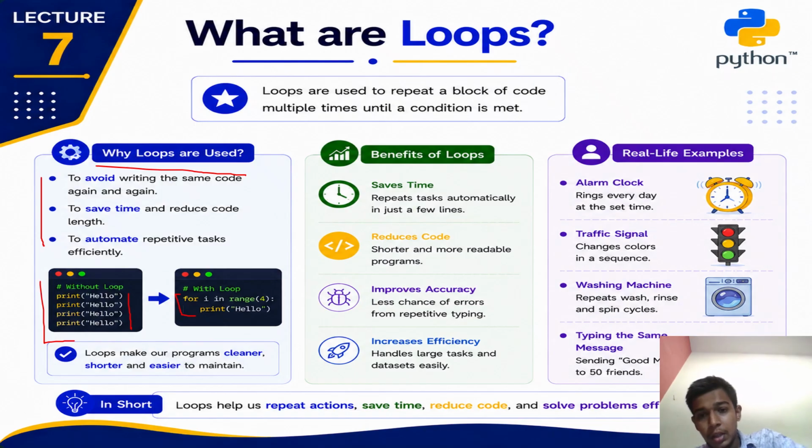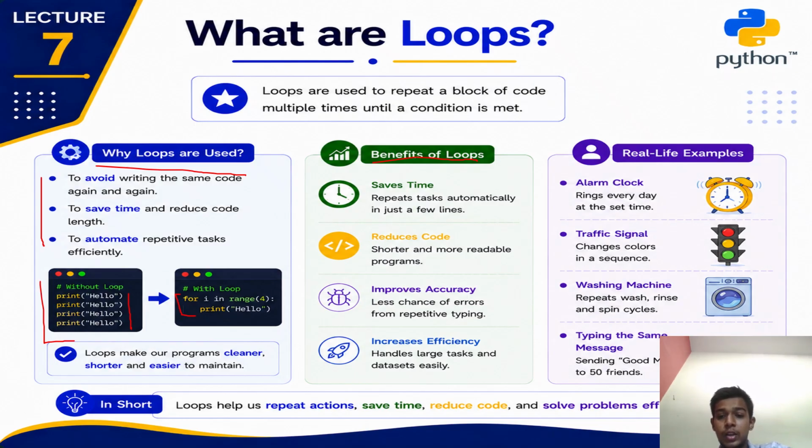Now, what are the benefits of loops? Let's look at some important benefits of loops. The first benefit is saving time. Loops automatically repeat tasks without requiring us to write duplicate code. The second benefit is readable code.